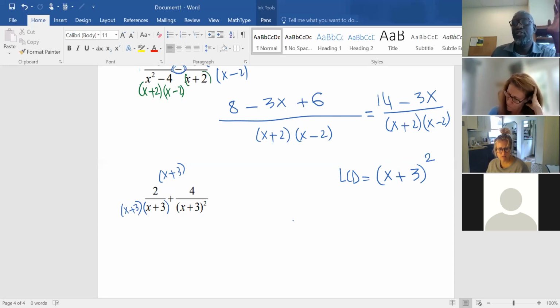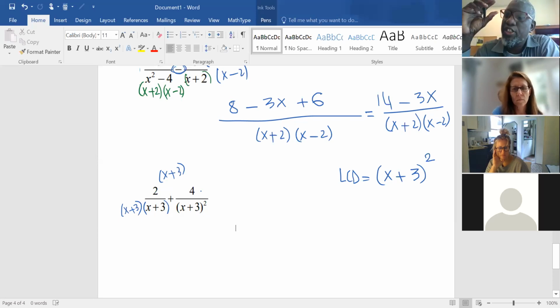But just for everybody to understand, look, the first denominator is x plus 3, the second one is x plus 3 squared. It is the same expression, raised to the second power in the second denominator and to the first power in the first denominator, right?